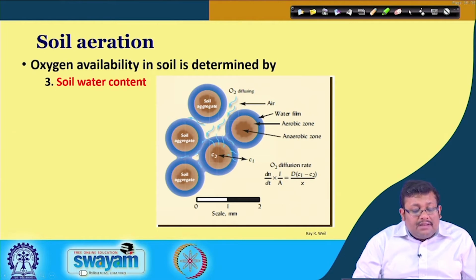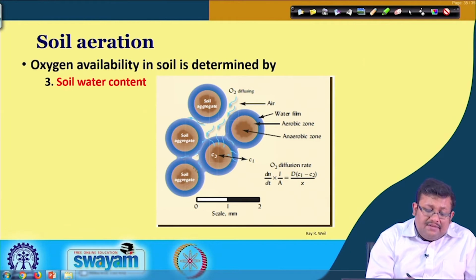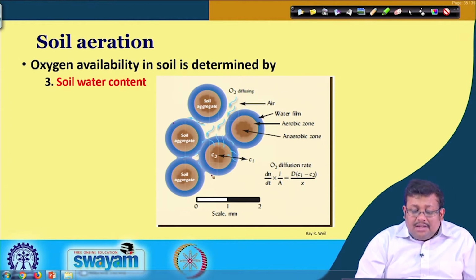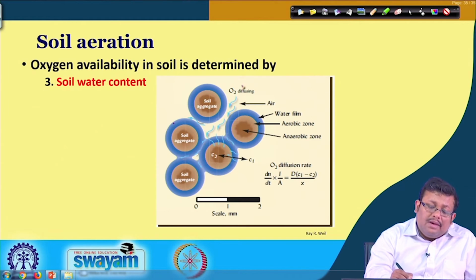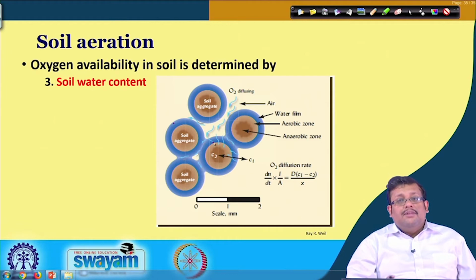Another important factor is soil water content for oxygen availability. As you can see here, these are individual soil aggregates covered by thick films of water, and these thick films of water create some anaerobic zone. As a result, air cannot diffuse from the atmospheric air to the soil air, because diffusion of air through water is 10,000 times slower than diffusion through air.